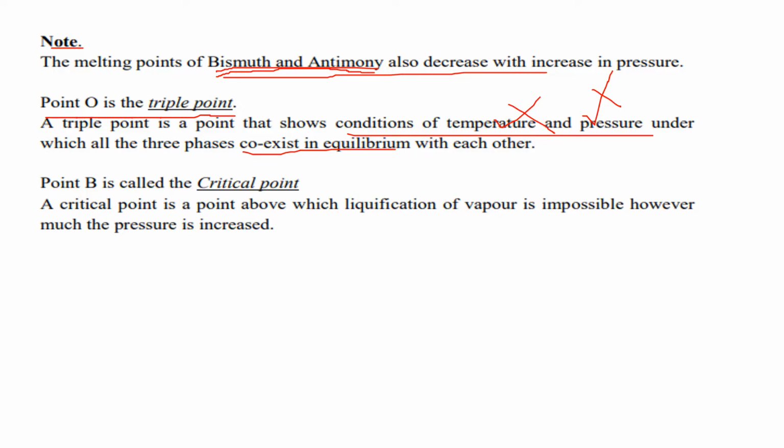Then what about the critical point? Now I didn't talk about the critical point. The critical point is always the last point on your phase diagram. So the critical point is located here, and it is the point beyond which a gas cannot be liquefied, however much pressure is applied. That means that even if you increase the pressure however much, this gas here cannot be liquefied to water.